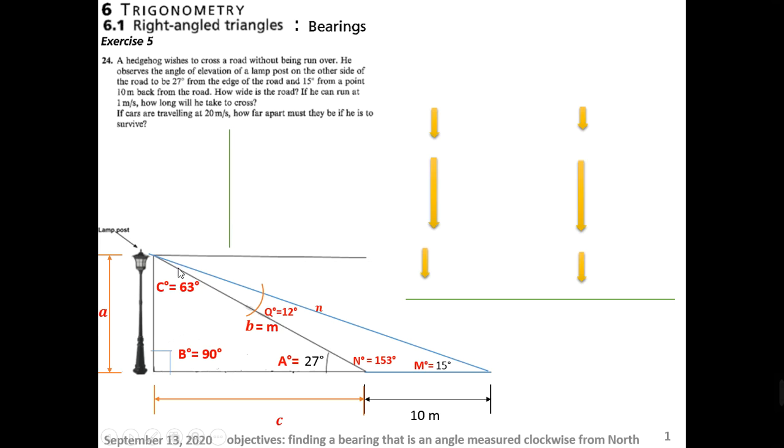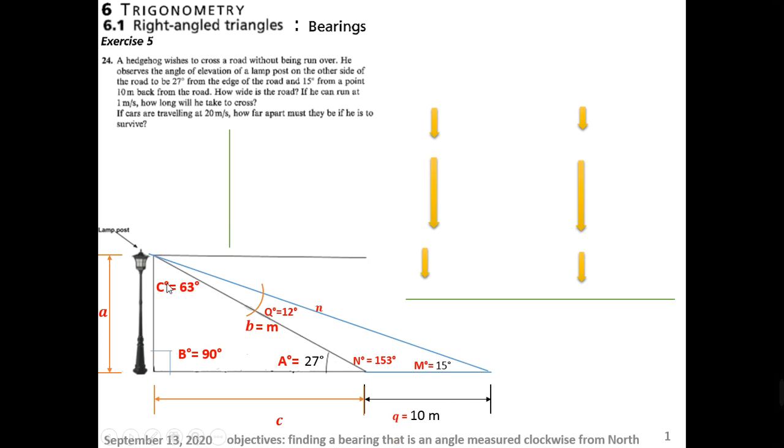Now, immediately after I identify the angle, we must identify the opposite side. So this is angle Q. The opposite side to angle Q is the 10 meter. So the 10 meter is equal to Q.